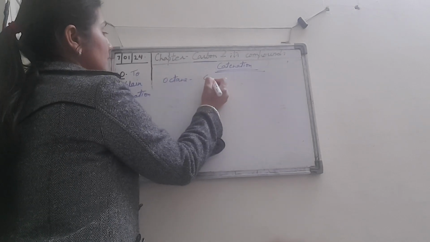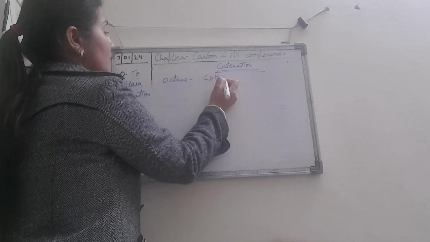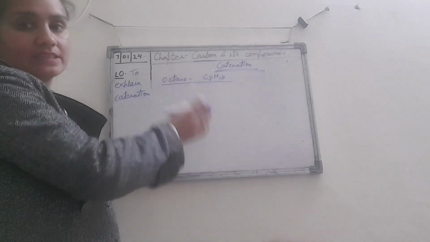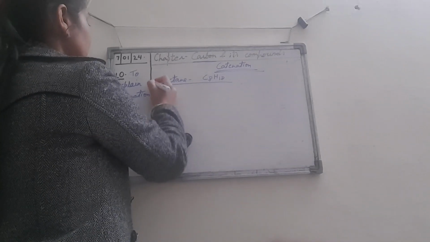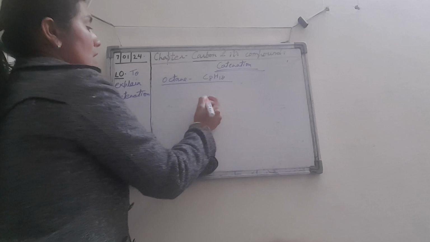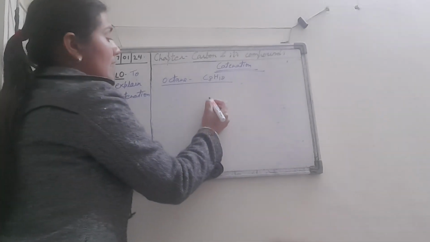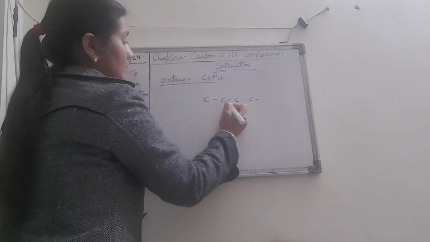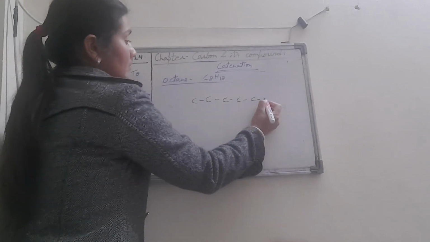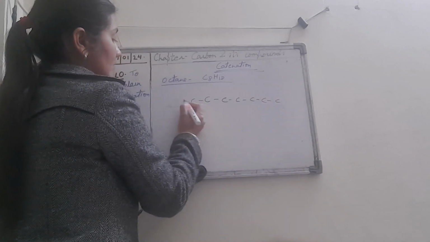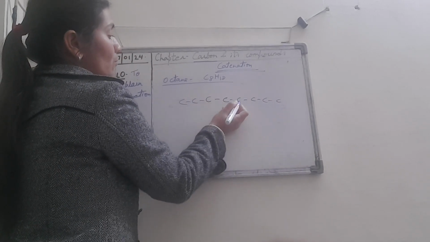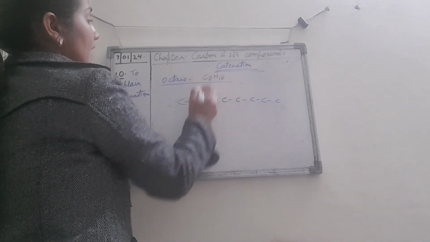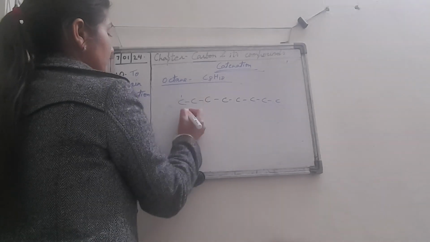The formula is C8H18. We will discuss later how we get the formula C8H18 of octane. Okay, so C8H18 means there are 8 carbons. Okay, 1, 2, 3, 4, 5, 6, 7, 8. Right? There are 8 carbon atoms and there are 18 hydrogen atoms.